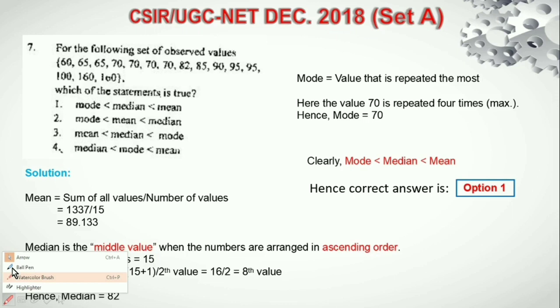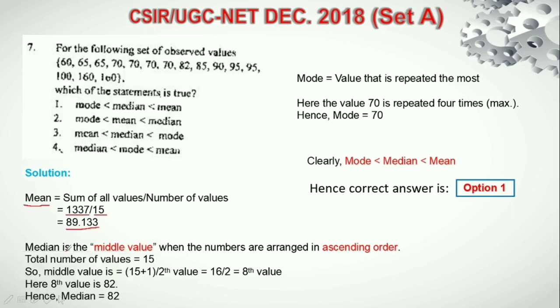Now median is the middle value when we arrange the numbers in ascending order. The total number of values is 15, which is an odd number. So in order to calculate the middle value, we have to add 1 to this and divide by 2. So our middle value will be the 8th value.